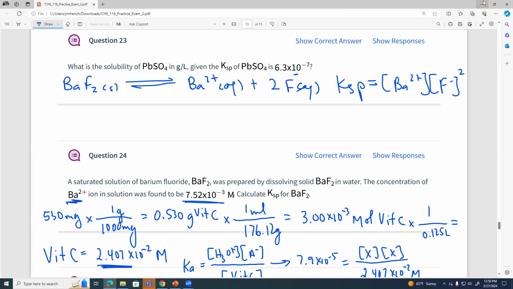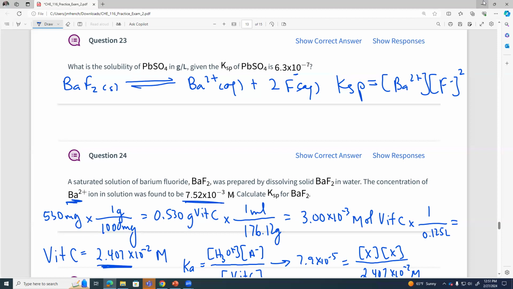Sure, Sarah. So we know the concentration of barium. So we do want to square something, but if this barium is coming from the barium fluoride, we know there's this much barium in solution from barium fluoride.